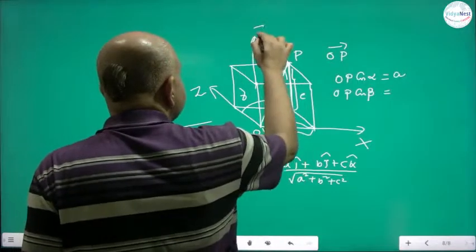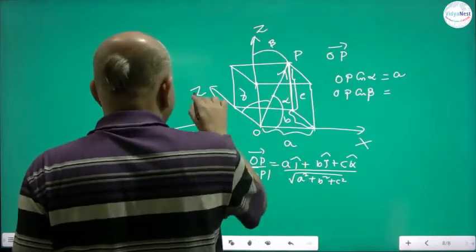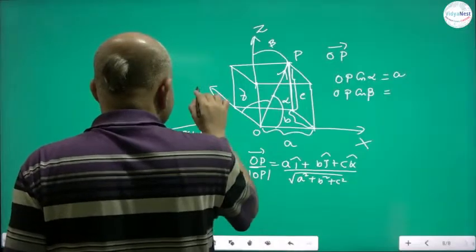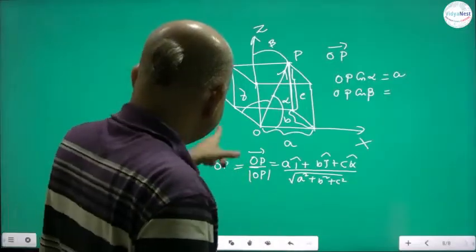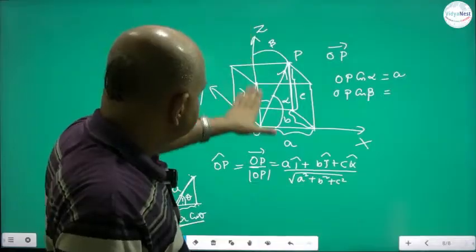Vertically, this should be z, and this should be y. Take this one, change this one. This should be y. This vertical one is z.